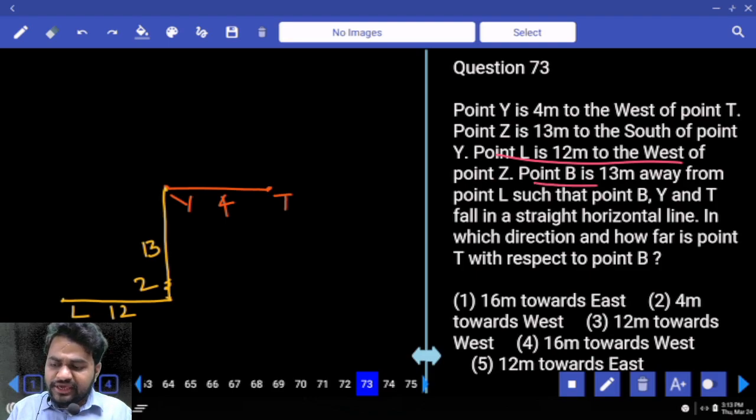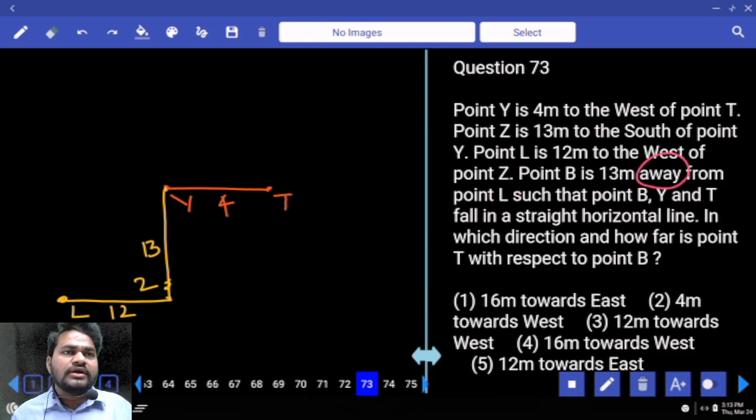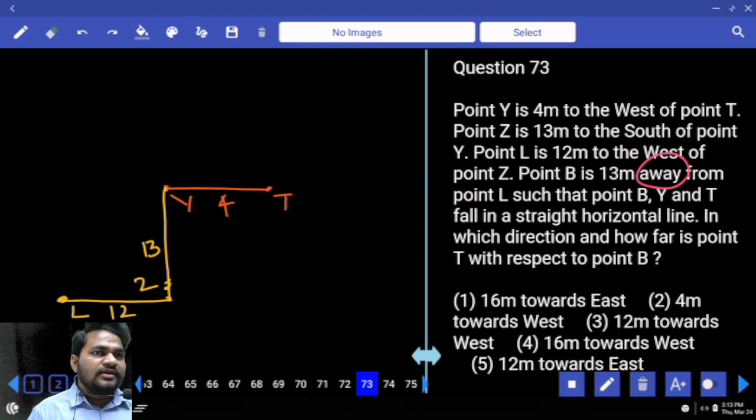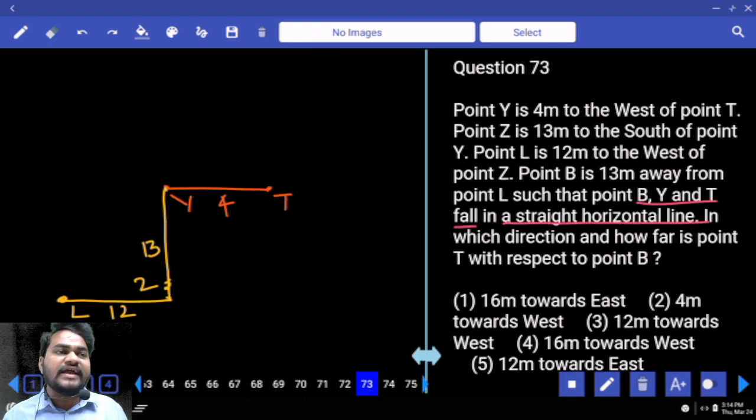Next, B is 13 meters away from L. 13 meters away. Away is mentioned, direction has not been mentioned. There are 8 directions, so we get 8 possibilities. But in order to counter the 8 possibilities, B, Y and T must fall in a straight horizontal line.